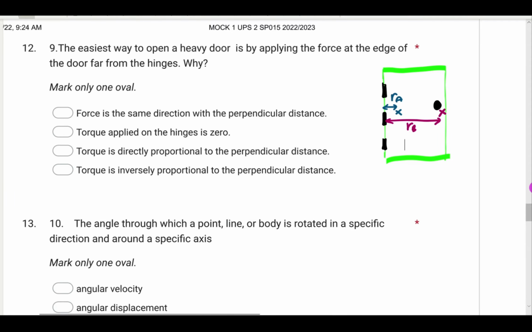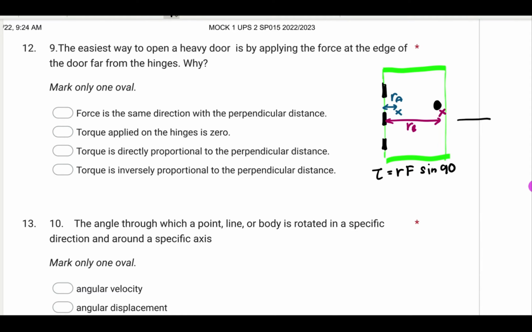Okay, means that if we relate R with the equation of torque, kita tahu torque adalah tendency of an object to rotate. Jadi kalau lagi besar nilai torque ni, sebenarnya kita akan rasa lebih mudah lah untuk buka pintu itu, ataupun lebih mudah untuk objek itu rotate. Okay, so torque equal RF sin 90 degree. So in this case 90 degree lah.